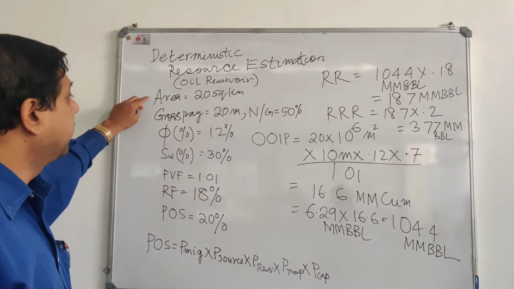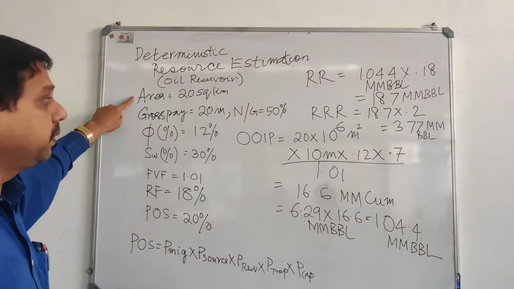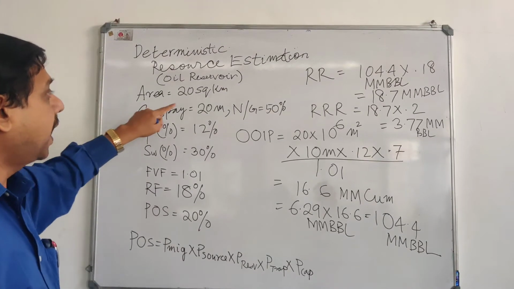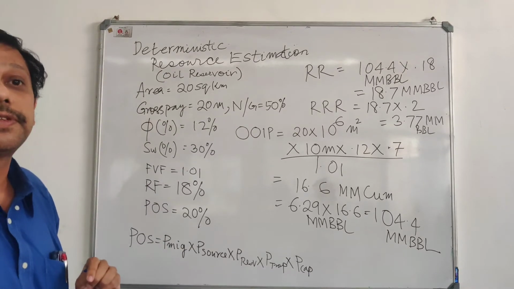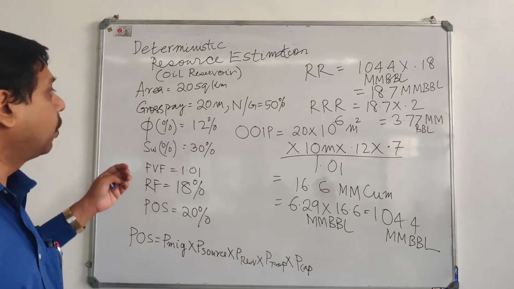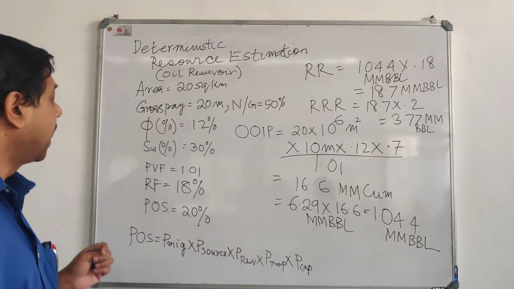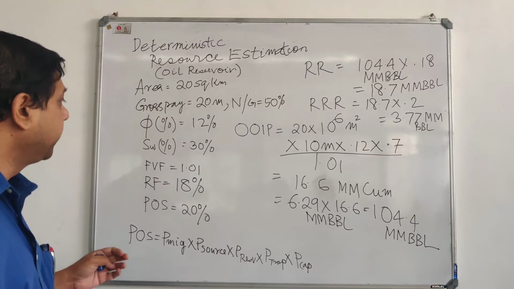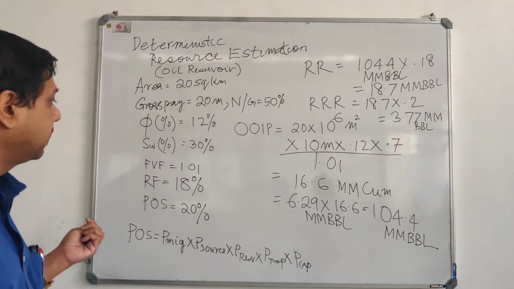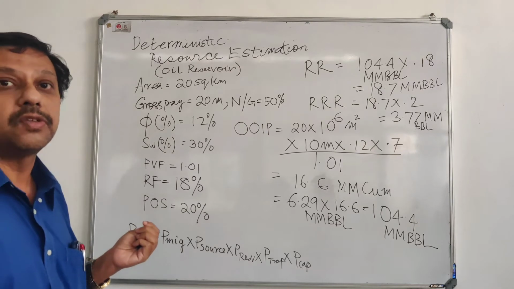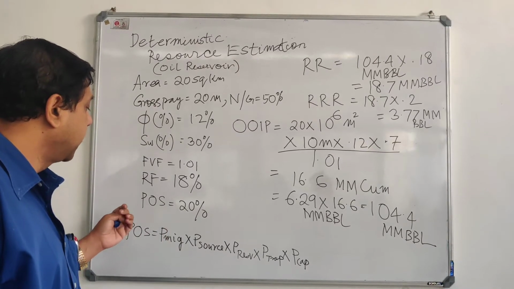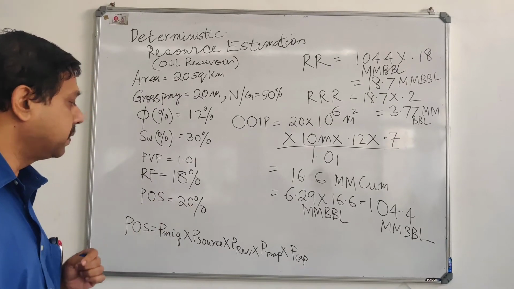In this example, area is 20 square kilometer, the gross pay is 20 meter. I have given you net to gross, which is 50%, that means the net pay is 10 meter, porosity is 12%, hydrocarbon saturation will be 1 minus the water saturation, so it will be 70%, the formation volume factor is 1.01, recovery factor is 18% and probability of success is 20%.